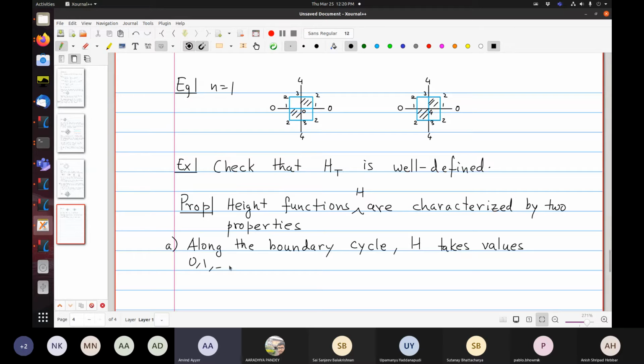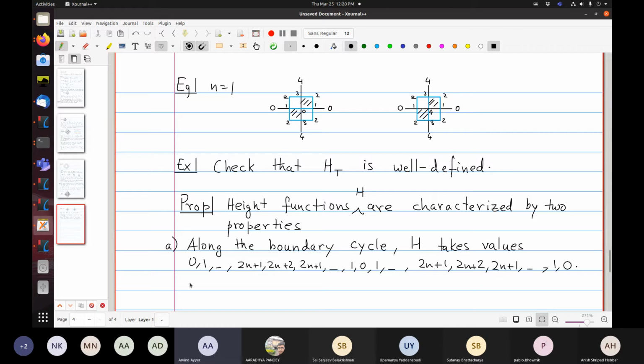First it goes 0, 1, etc., up to 2n plus 1, 2n plus 2. Then it goes down, 2n plus 1, up to 1, 0. And then it goes all the way again from 1 to 2n plus 1, 2n plus 2. And then it goes down again.